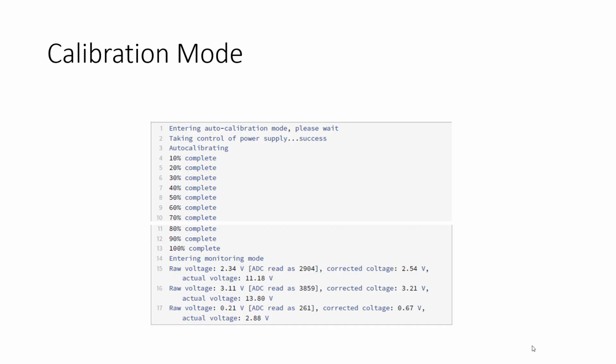Now this is the part that's kind of weird. You've got raw voltage 2.34 volts. How do you get that? You read the ADC. Is it 8 bits or 16 bits? The ADC is 12.